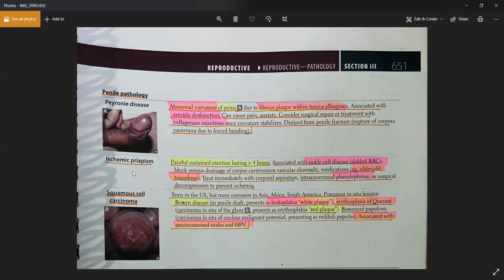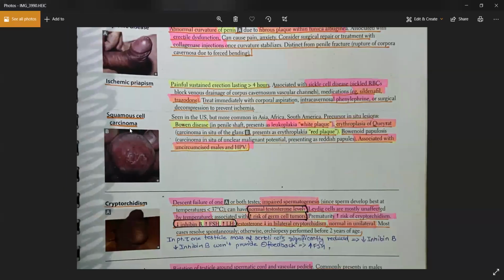No, thank you. Then you have squamous cell carcinoma of the penis. Just like any other squamous cell carcinoma of the reproductive tract, this squamous cell carcinoma is also caused by the human papilloma virus. And I told you, whenever you have a squamous cell carcinoma, what gross findings will you see? Hemorrhage, necrosis, and ulcers.